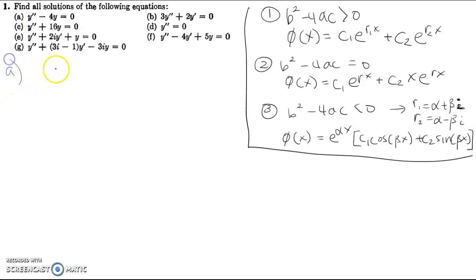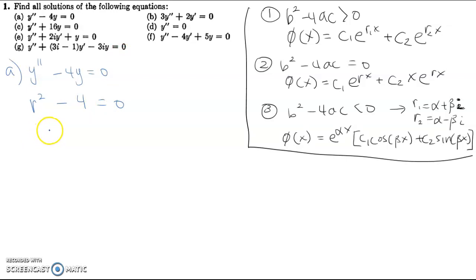Alright, so let's go ahead and solve A. So A, you have y double prime minus 4y equals 0. And we're going to pretend that this is a quadratic equation until we get to our r1 and r2. So we're going to write this as r squared minus 4 equals 0.